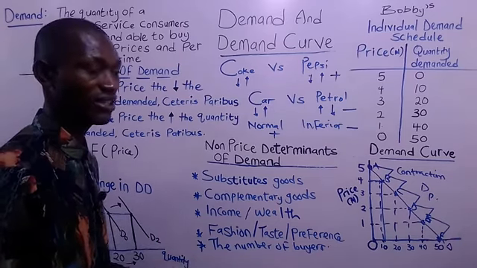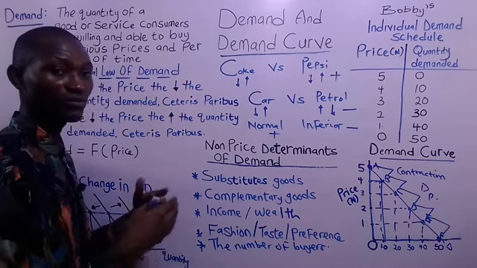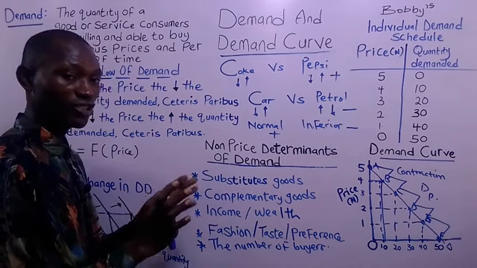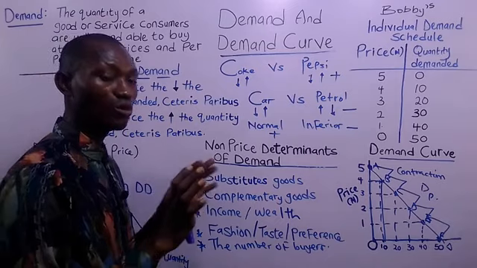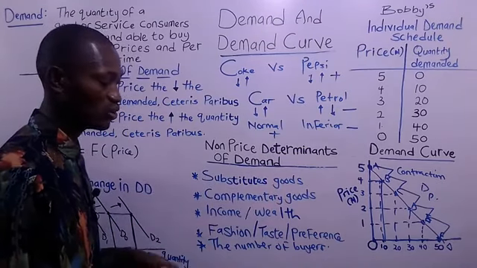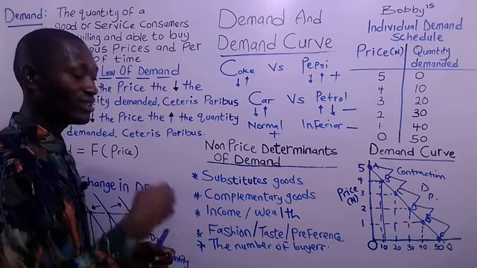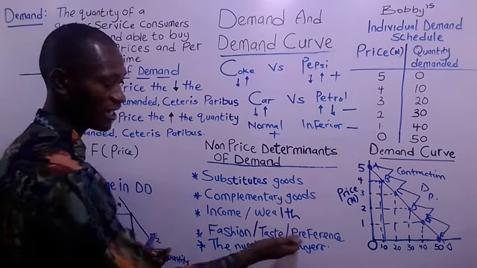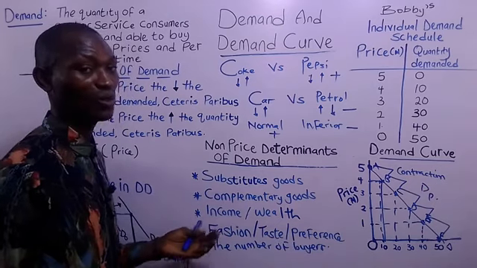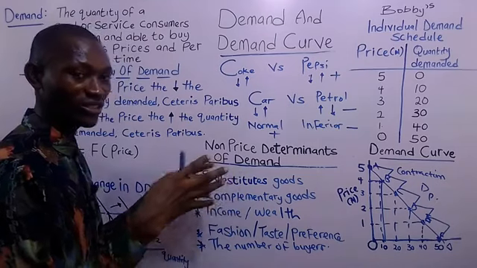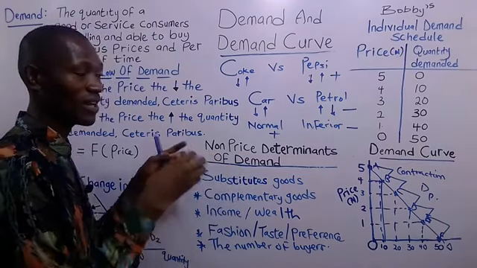Take for instance, Nigerian youths tend to develop a taste, fashion tends to move towards the purchase of iPhones in Nigeria, and as a result, the demand for iPhones in Nigeria is on the rise, and they seem to prefer iPhone over any other phone, except Samsung, which is a close substitute with iPhone.